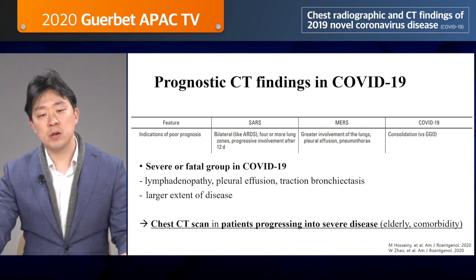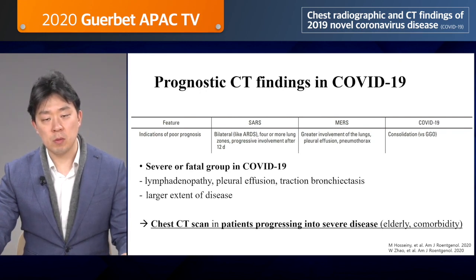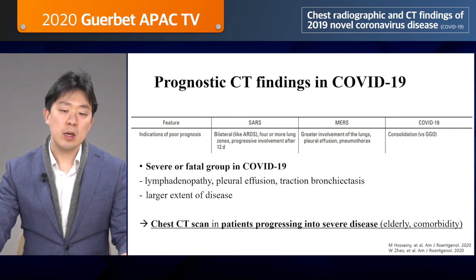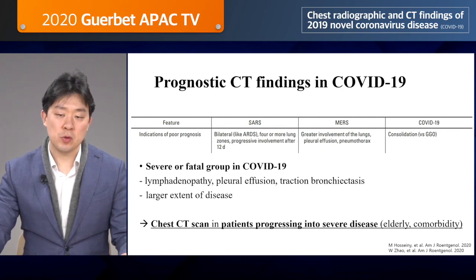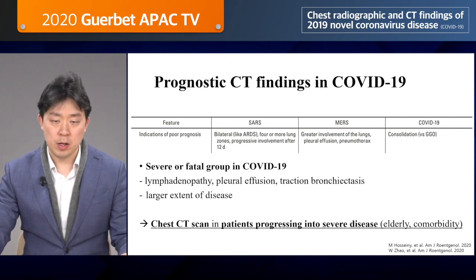And recent papers have reported that COVID-19 patients had poor prognosis if there was enlarged lymph node, fluid effusion, fibrosis, or a greater extent of disease. If we can triage patients who may get worse in advance, it would be very helpful.